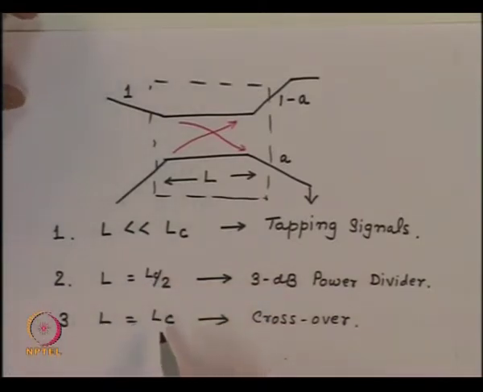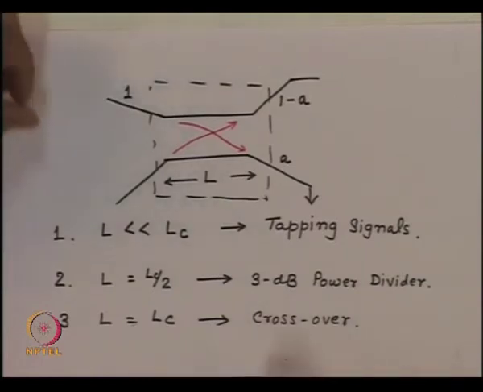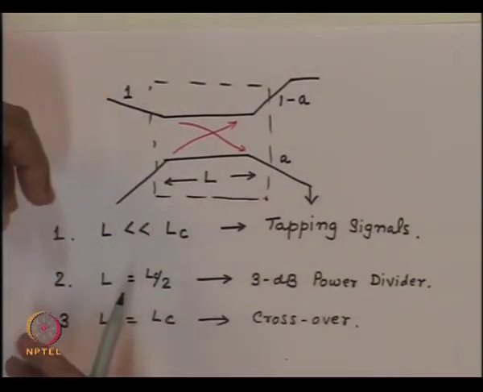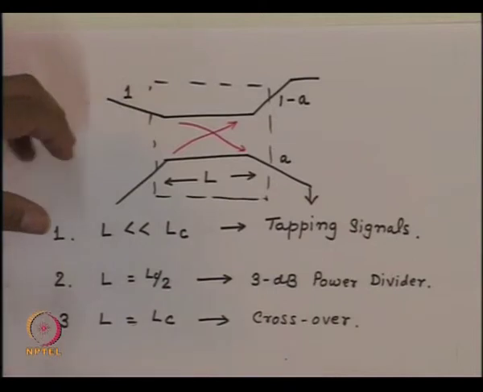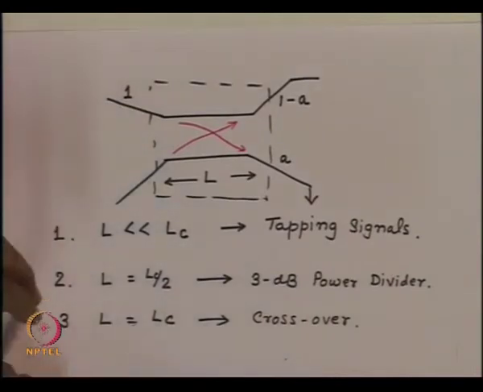So I may have a situation when the field was not applied, this thing is there, but when the field is applied, suppose LC reduces significantly so that LC becomes equal to LC by 2. Now the half power can be connected to this. So essentially now by applying the electric field to this device, I can dynamically change the characteristics of the directional coupler.